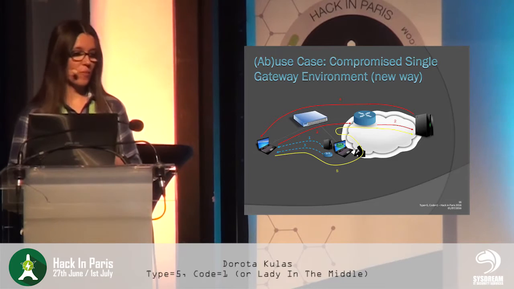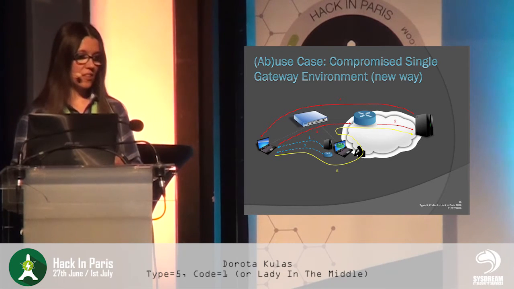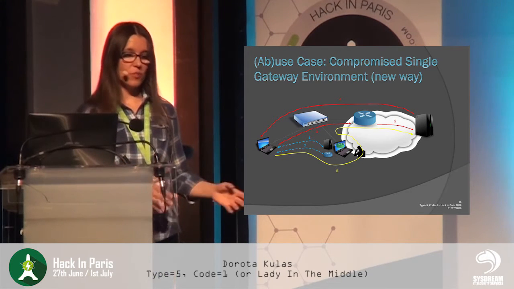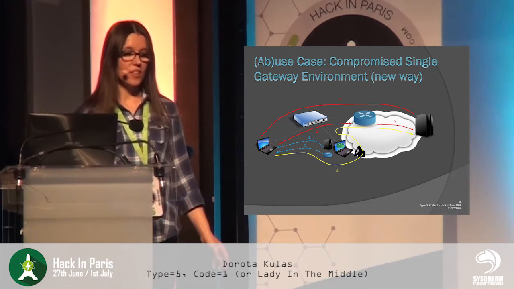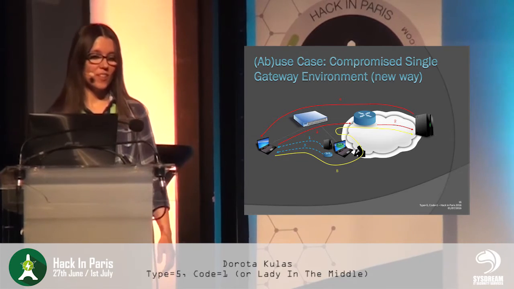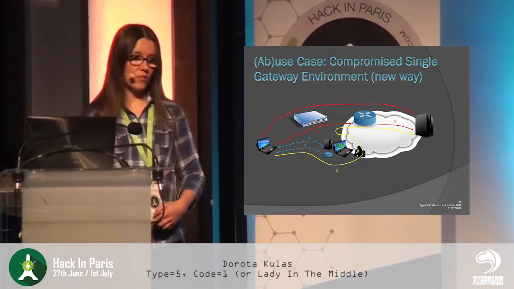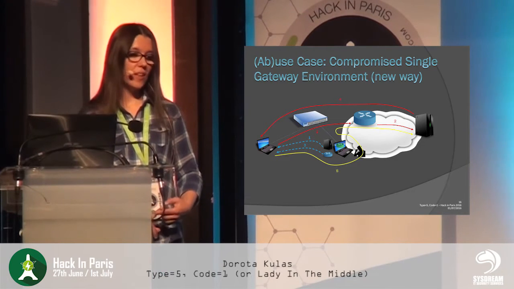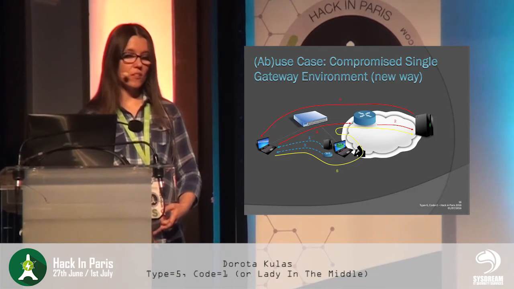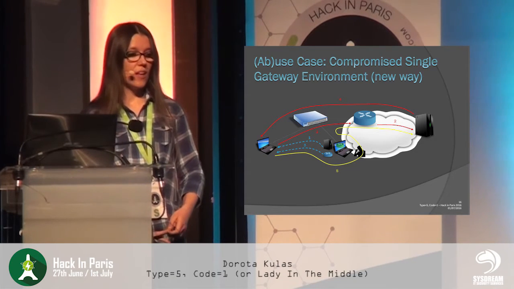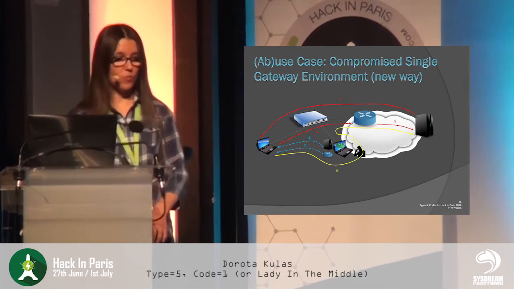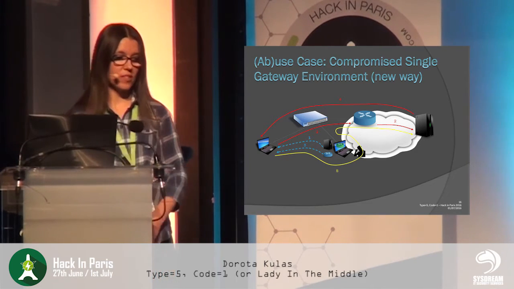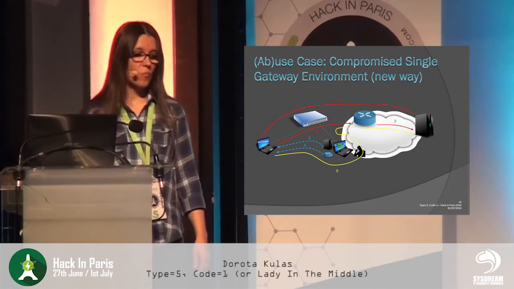So let's assume that as an attacker, you would like to eavesdrop on communication from the user, from the laptop here, to the server. You know the IP address of the user. You know the IP address of the server, obviously. You have to be, as an attacker, on the same subnet as the user. You don't have to be on the same subnet as the server. Actually, the server should be a remote server for this to work.